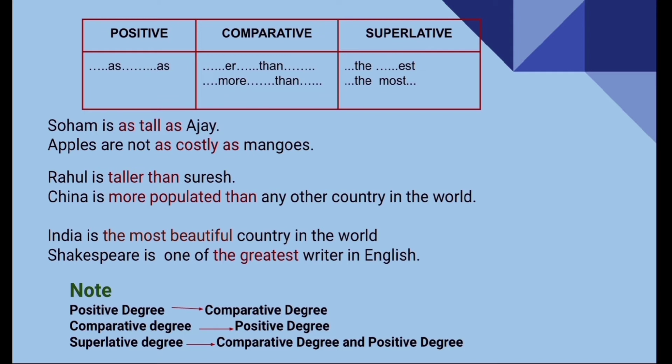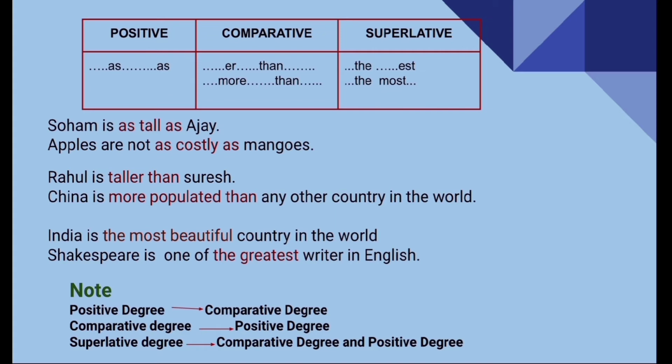The most beautiful. So the definite article is used before the superlative degree. And Shakespeare is one of the greatest writers in English. So the most beautiful and the greatest, with the help of these we can identify our sentence is in superlative degree. Students, please keep one note in mind.